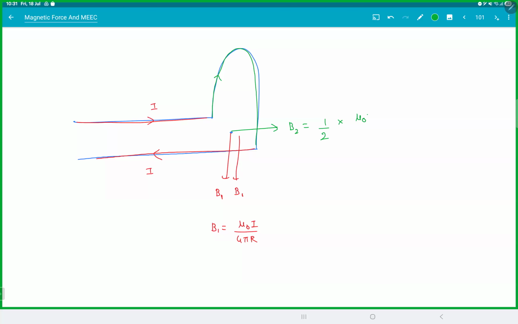So mu naught I by 2r. This would be I cap, and this would be your minus j cap. There. So the field will be mu naught I by 4r I cap. That will be 2 times. So 2 times mu naught I by 4 pi r j cap. Got this thing? Both the fields are perpendicular. All clear with this?